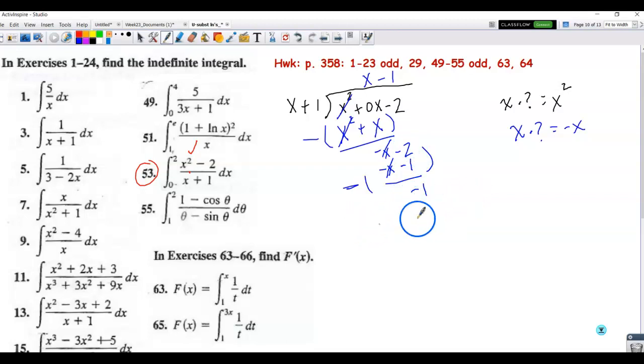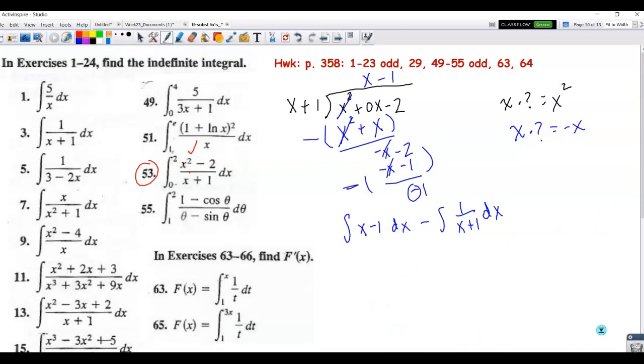So my new integral now becomes the antiderivative of x minus 1 dx and minus, so here's that remainder, 1 over x plus 1 dx. Remember, it's remainder over divisor.